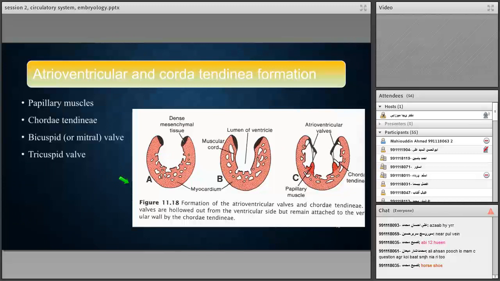After this proliferation, when the blood stream is flowing inside each ventricle, entering the ventricles from the atriums, the epithelial tissue on the ventricular surface of this proliferation, the mesenchymal tissue, becomes fibrous.